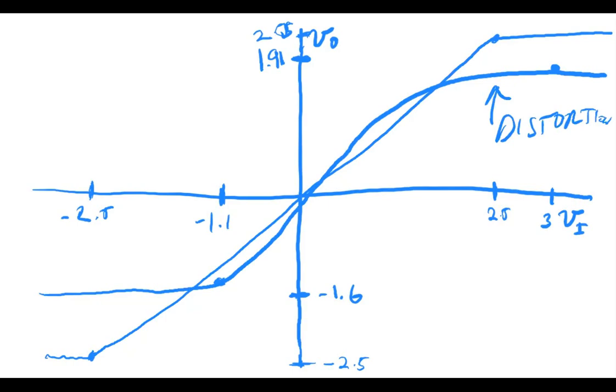I have a question. On the VI axis, the VI max is 3. What is the number on the left side? It's 2.5? Right. So basically, if you have a power supply of plus or minus 2.5, you would think that the input also is going to be bounded by that.